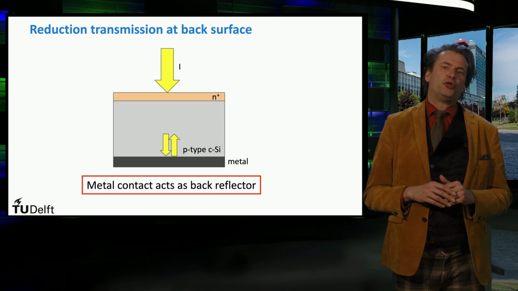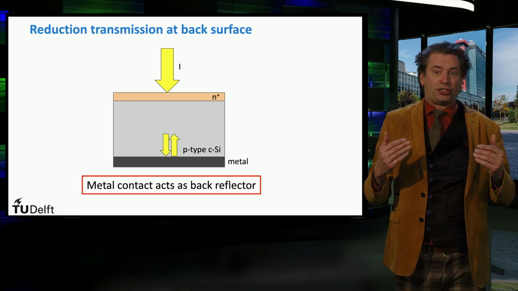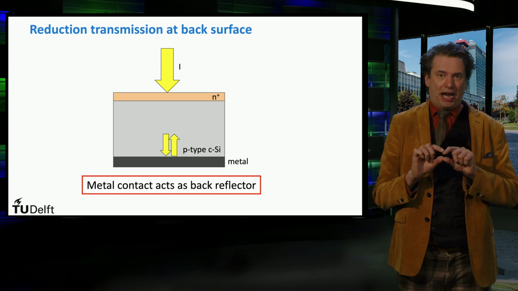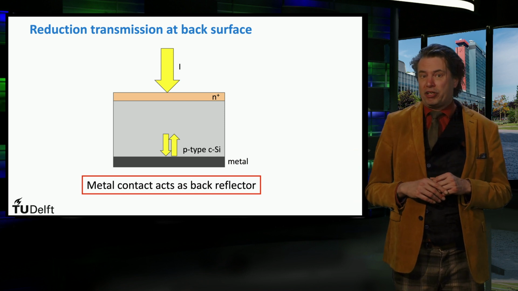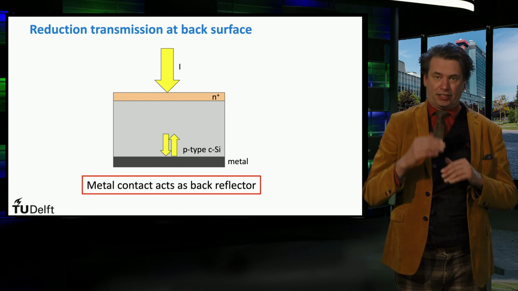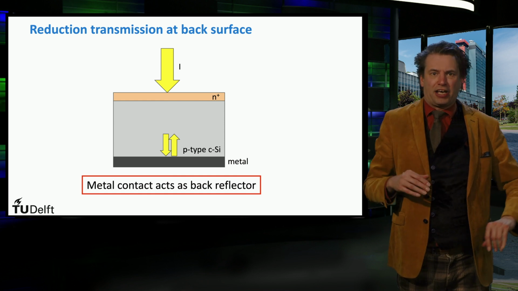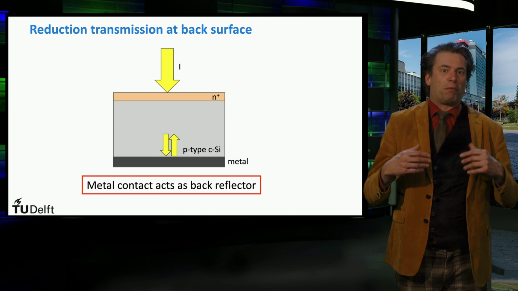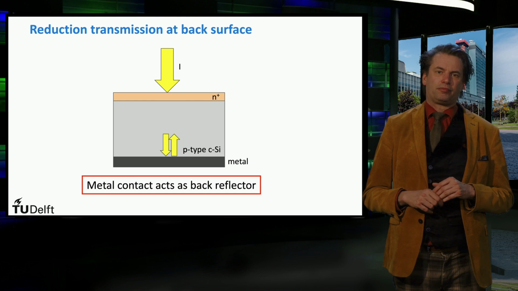One method is to use a back reflector, which in a standard crystalline silicon solar cell design is present in the form of a fully metallized back contact. Other methods use a material with a different refractive index such that the light is internally reflected. The reflection at a metal back contact is roughly 90% for aluminium, such that it is equivalent to almost doubling the path length of the light reaching the back of the solar cell.